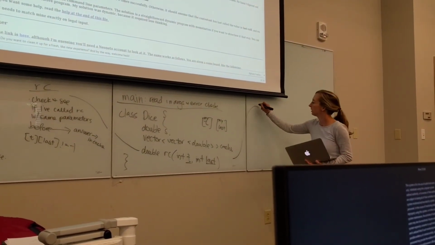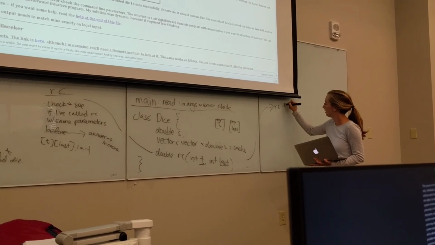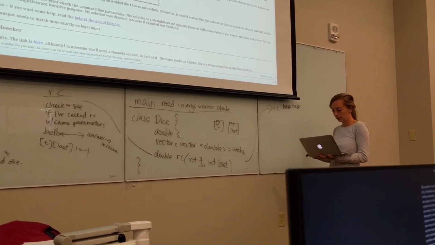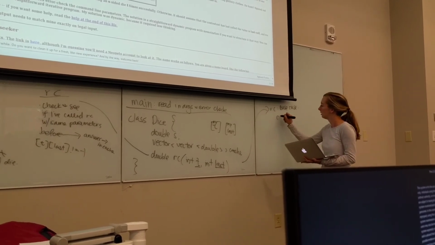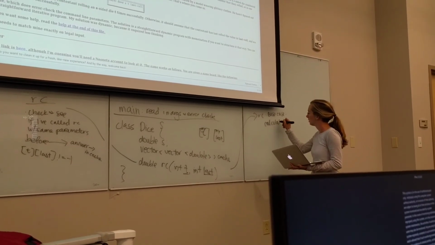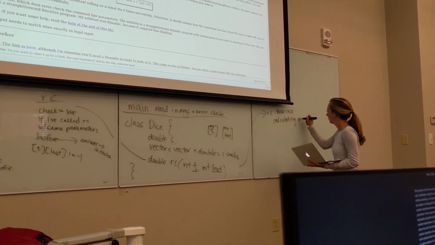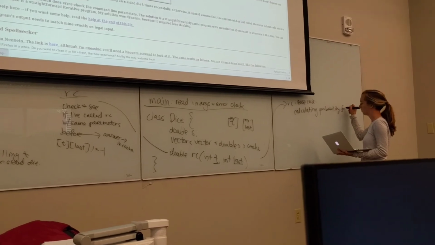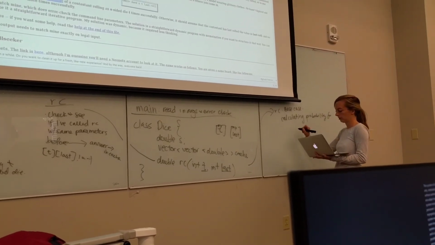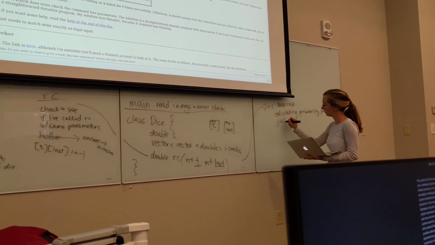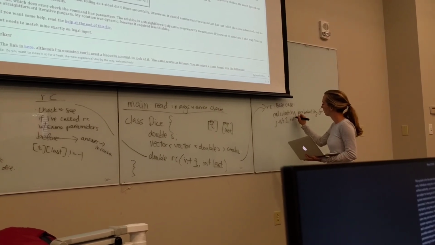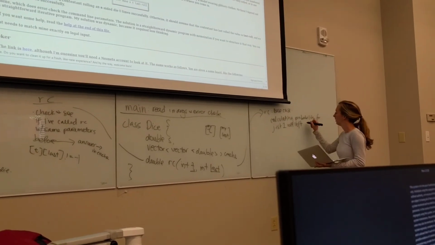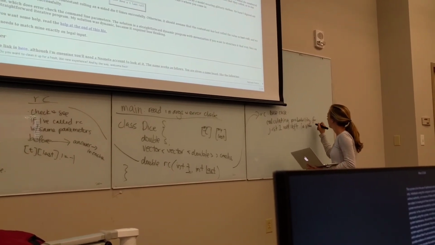Okay, so back in RC, the real base case is calculating the probability for just one roll left. And store that in the cache, of course.